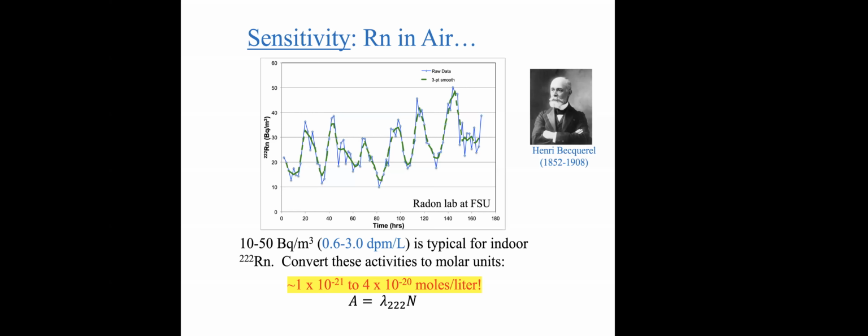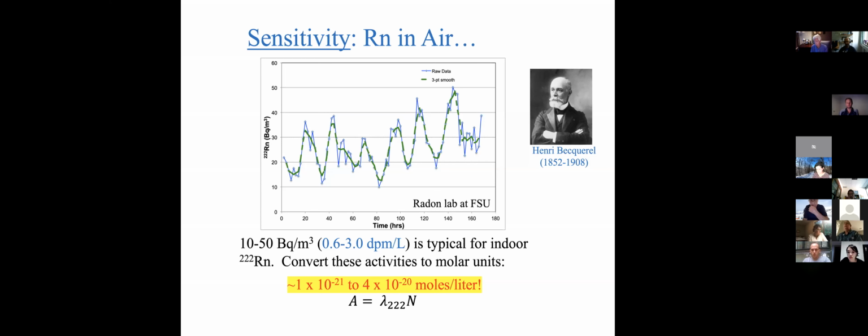Now you can get this from the simple equation: activity equals the number of atoms, N, times the decay constant. So we measure the activity, so we have A. We know what the decay constant is. It's the natural log of 2 divided by the half-life. So we can calculate N, the number of atoms.